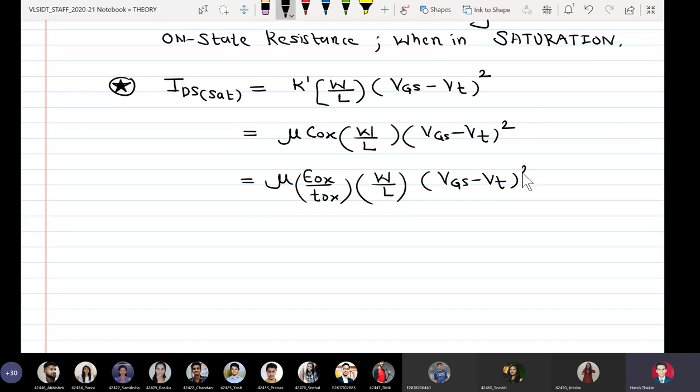So the device current in saturation is equal to the mobility of the charge carriers into epsilon ox upon Tox into W upon L into (VGS minus VT) whole square.